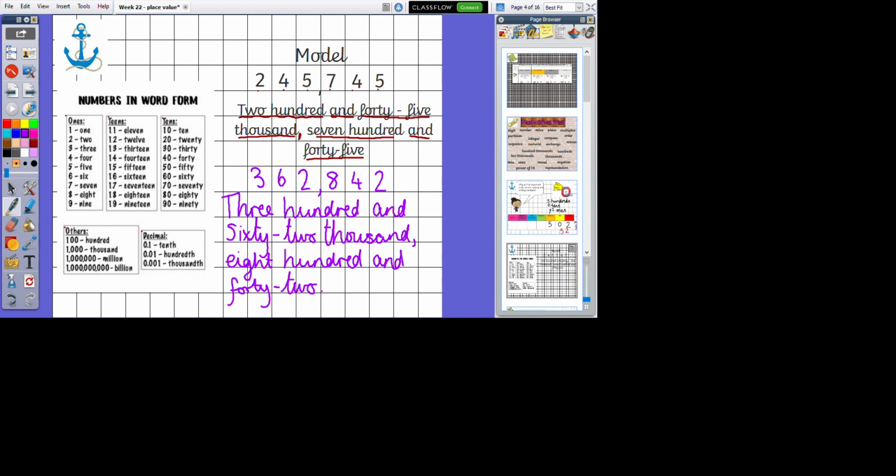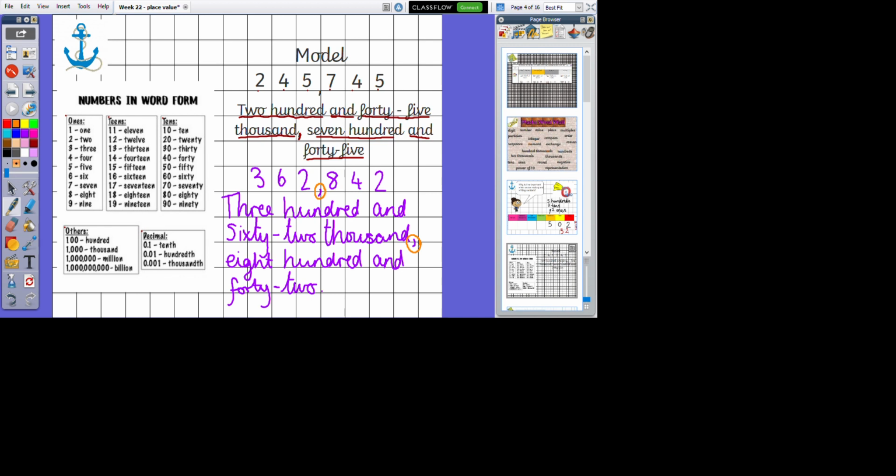And also what you might notice is sometimes it's difficult to know where the comma is. Some of you struggle with that. But if you have a look, your comma here matches up with your comma here. So after in the number we have the comma after the thousands digits. In the written, we have the comma after we've written out all of the thousands.